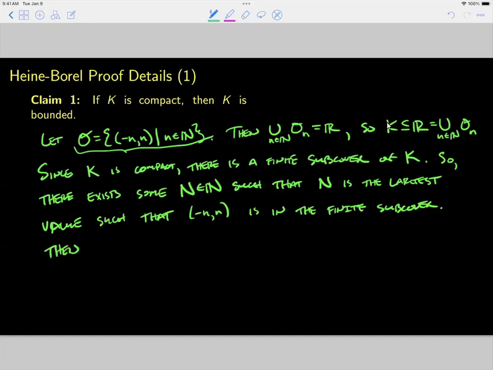Well, then K is now going to be in the union of this finite subcover. So now I don't need N to be in all the natural numbers. It's going to be in some other set A, which is a finite subset of natural numbers.